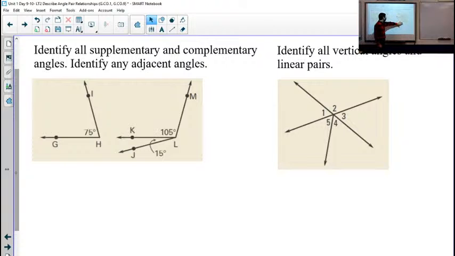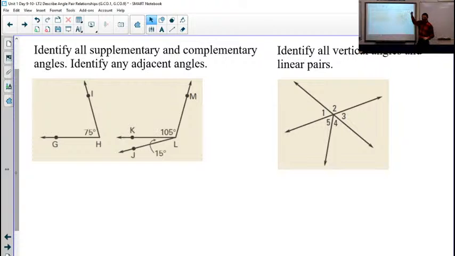Over here, you should be looking for vertical angles and linear pair. The only thing there should be two pairs of is linear pair. There are two pairs of linear pairs between all these angles.